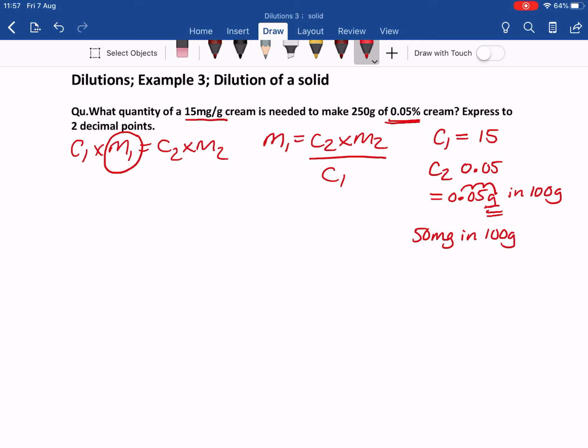We need to know how many in a gram. So we divide that by 100, gives us 0.5 milligrams in every gram. So C2 is 0.5. M2 we're given, that is simply 250 grams, the mass of our final product.